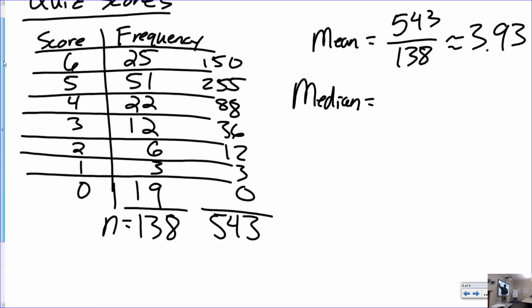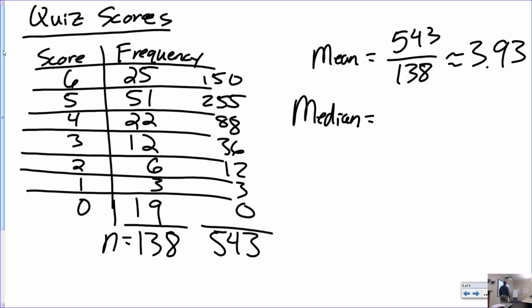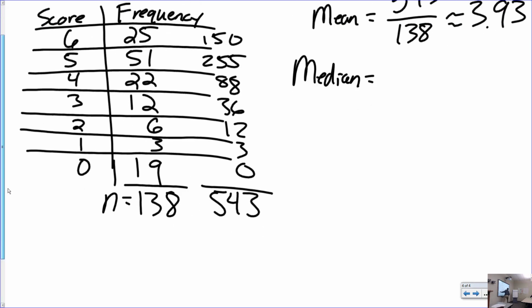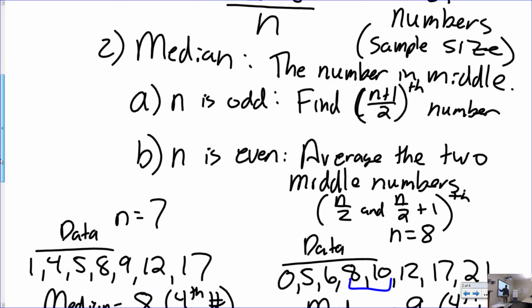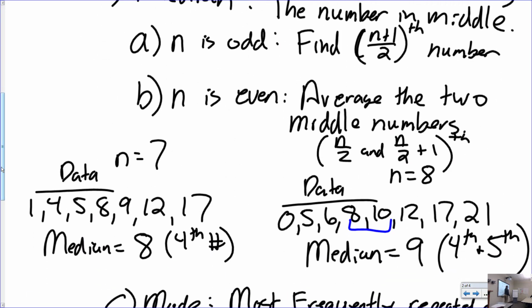Would you take 138 plus 1 divided by 2? Is that what you want? Or are you looking for something else? When it's even, what are you looking for? What did my notes say back on the last page? n over 2 and n over 2 plus 1.